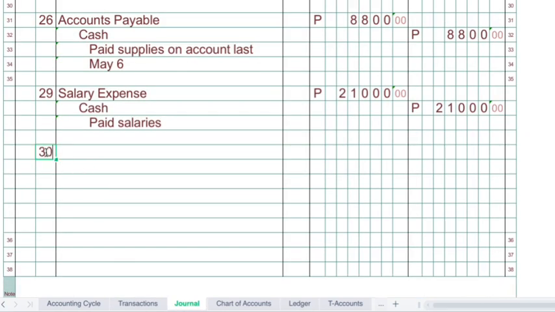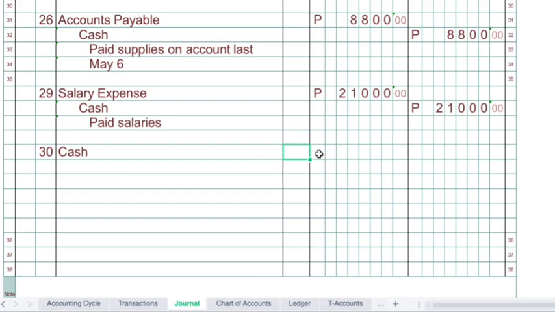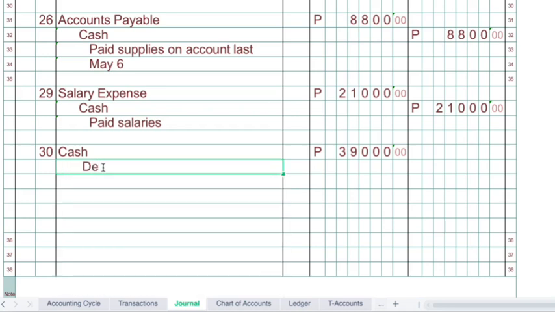So debit cash, kasi nag-increase ang cash natin, 39,000, right? And then we will credit delivery revenue because we perform service and nag-increase ang ating revenue.